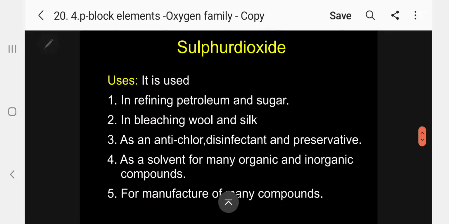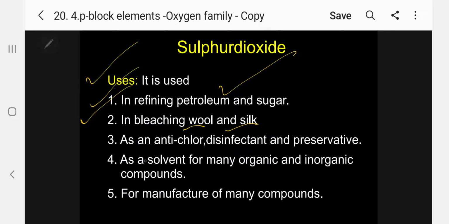Coming to uses: number 1, it is used in refining petroleum and sugar. Number 2, it is used in bleaching wool and silk. Number 3, it is used as an anti-chlor, disinfectant and preservative.